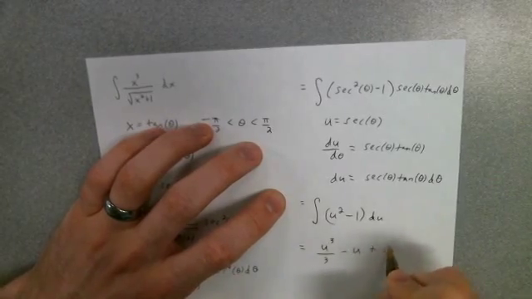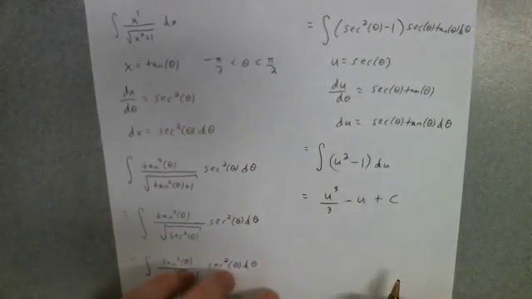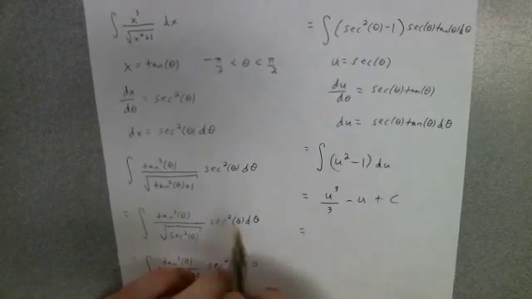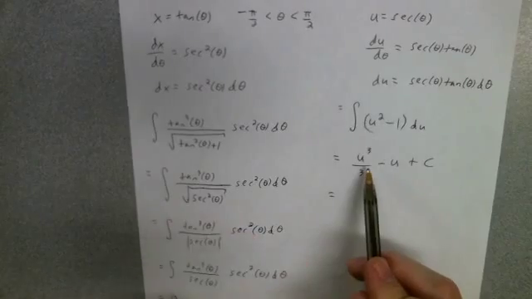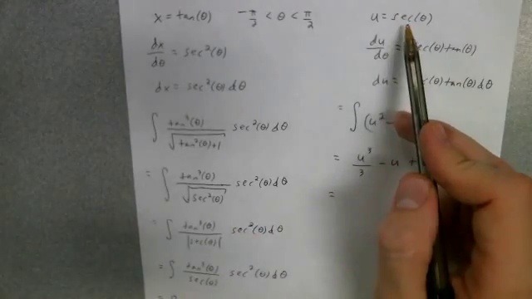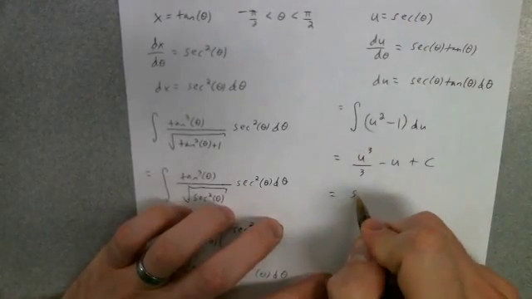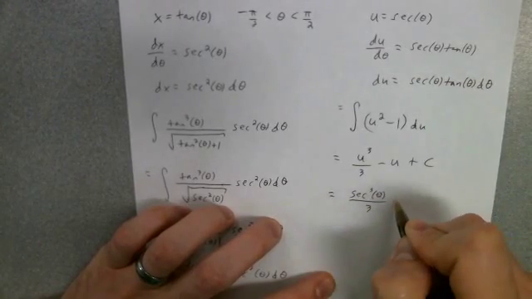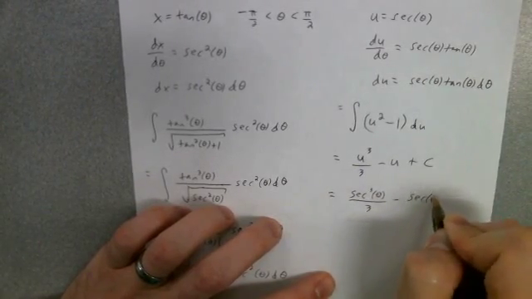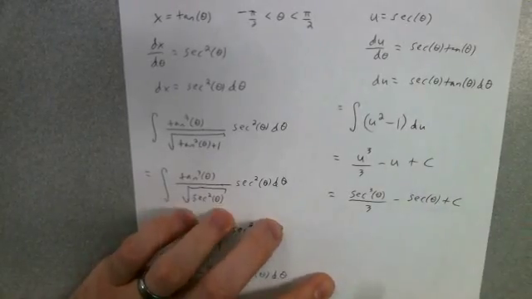Antiderivative of 1 is u. Got to add my plus c. Now wait a minute, our problem started with x's in it. Can't have u's, so what's u? u is the secant of theta. So I have secant cubed theta over 3 minus secant of theta plus c.